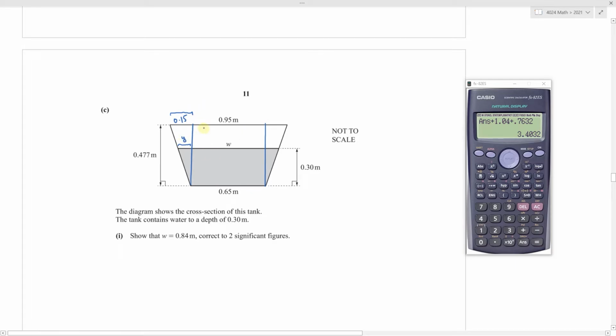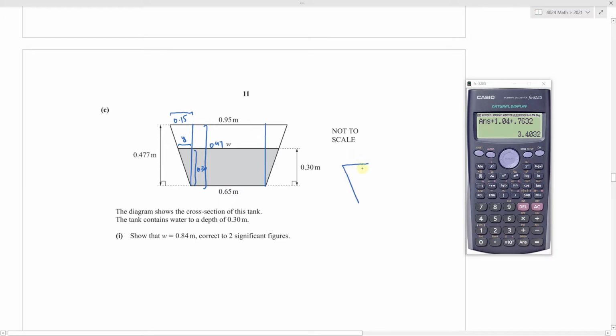And you're given that this full depth is 0.477 and this depth of water is 0.30, right? So this larger triangle is similar to this interior triangle. So we can use the properties of similar triangles to find this value of y. So let me actually draw these two triangles outside here.